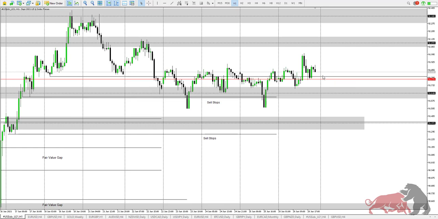Let me just make this a different shade, because this is going to have an influence on how we approach the week. As long as price is trading above the weekly open on dollar index, look for price to trade into discount for you to be a long trader.